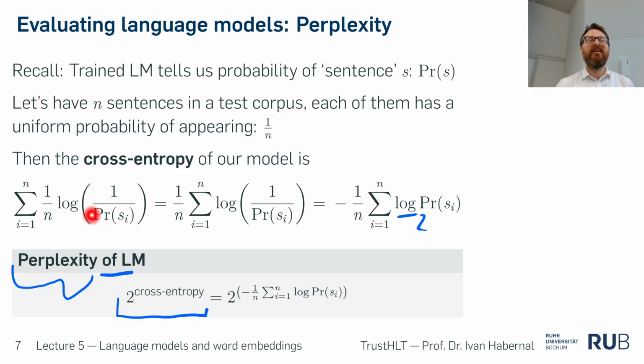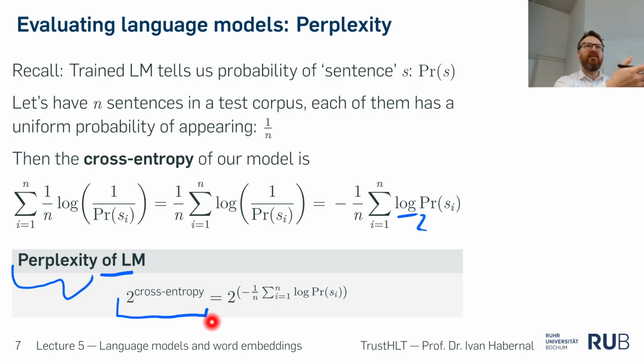You're kind of surprised in a way, or you don't know what to do. So it's like confused. Perplexity is sort of like being confused, and this is basically what this metric is telling you: how much the model is confused about the new sentences in the test data.